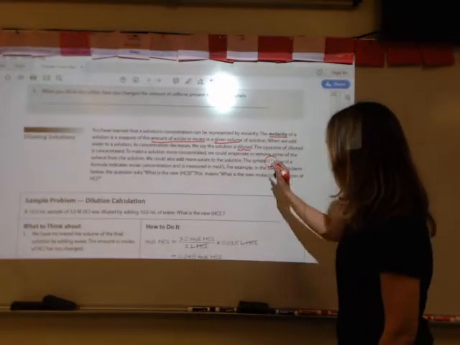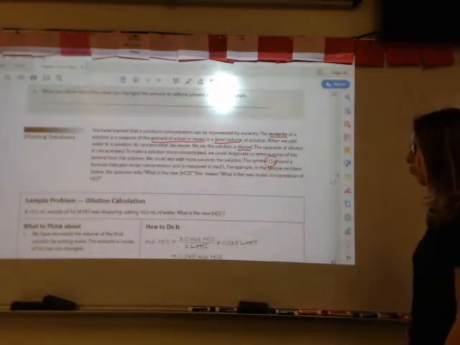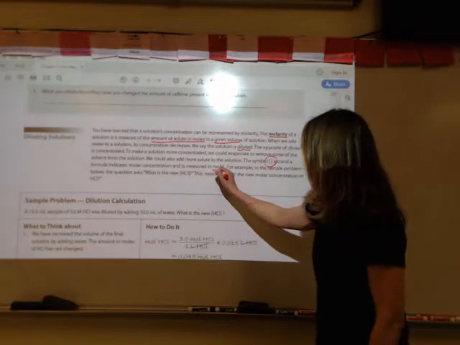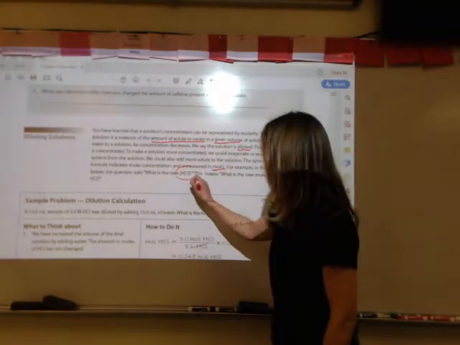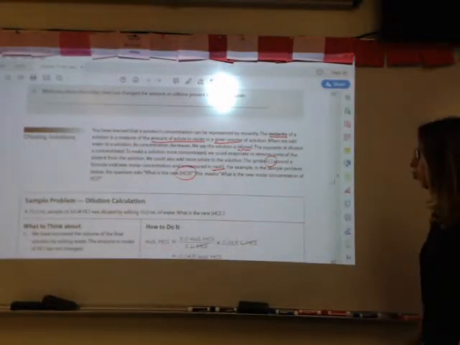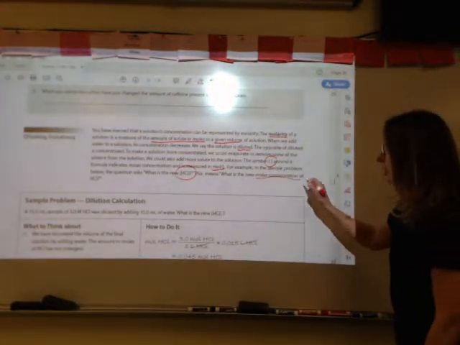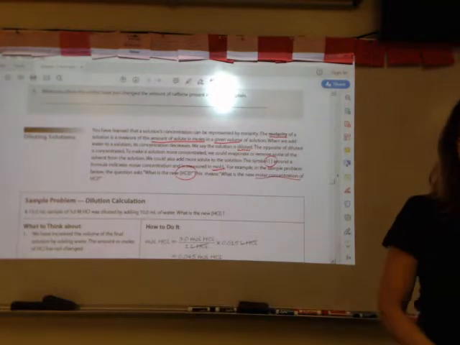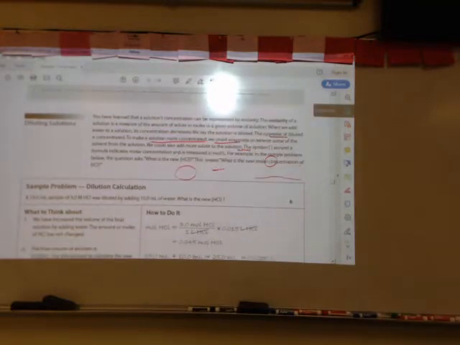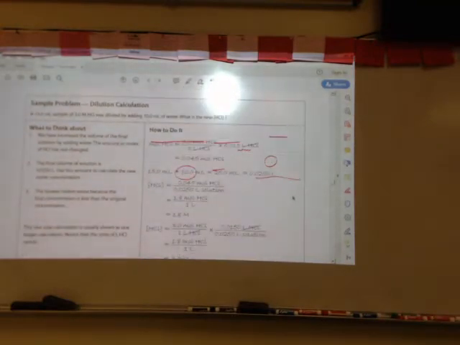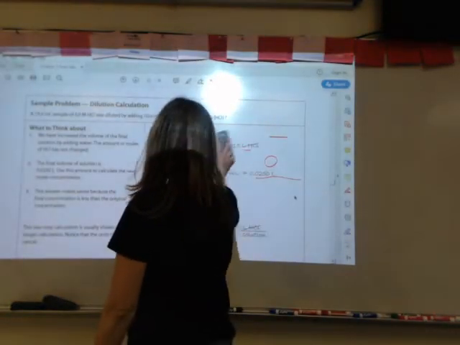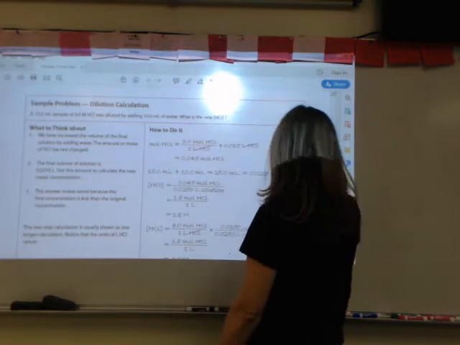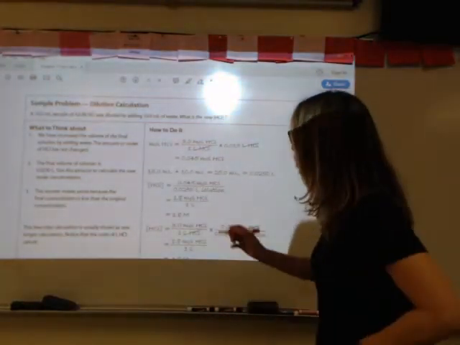The brackets around a chemical formula indicate molar concentration, which is moles per liter. For example, what is the new [HCl]? That means what's the new molar concentration of HCl? And if you take a look at the dilution equation here, it says you have a 15 milliliter sample of 3 molar HCl diluted by adding 10 mL of water.